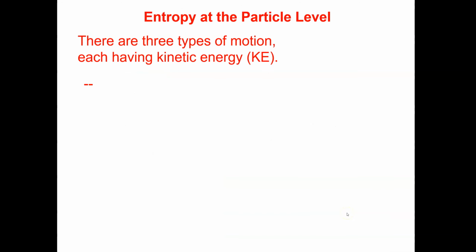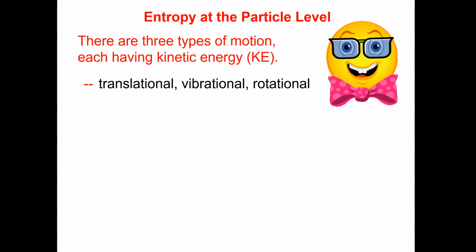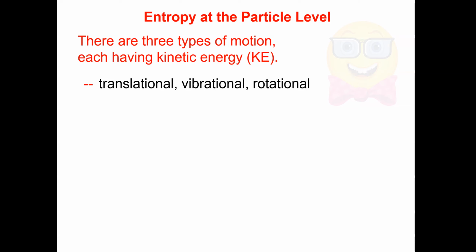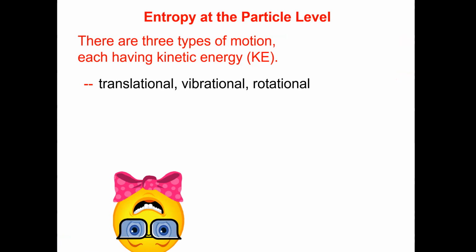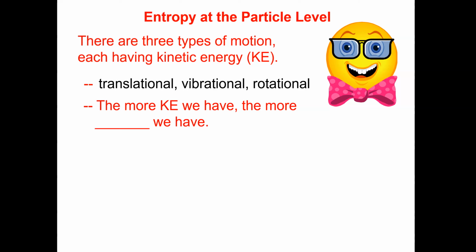So how does entropy occur at the particle level? We have three types of motion that we know from kinetic energy: vibrational, translational, and rotational. If the molecules spin, turn or move, we're going to have more kinetic energy, and with more kinetic energy we have more entropy.